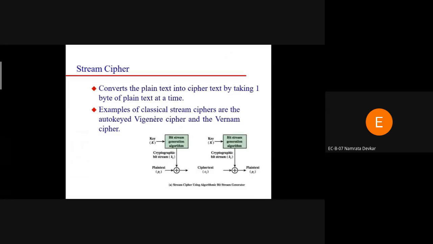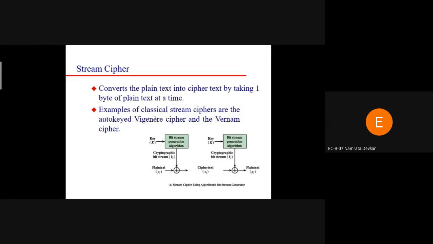Okay, so first we have to use the encryption techniques. We can use the bit stream generation algorithm that is called a stream cipher. For encryption, first we do the encryption by using the XOR operation, and once the message is encrypted, at the receiver side we can also decrypt the message by using the XOR operation.